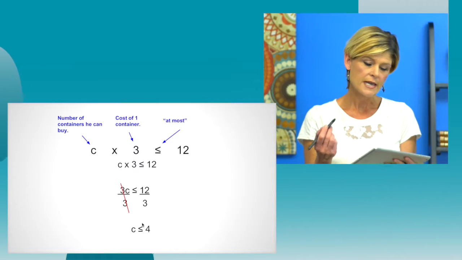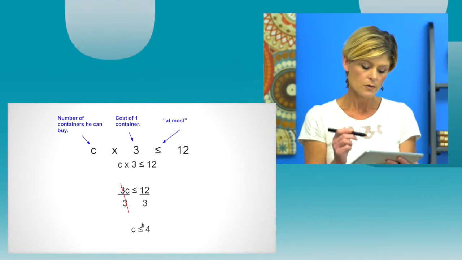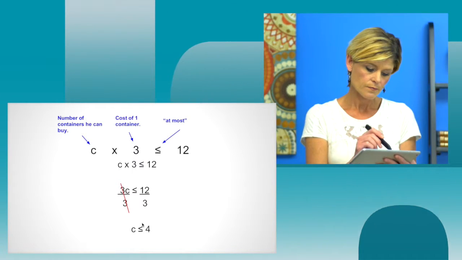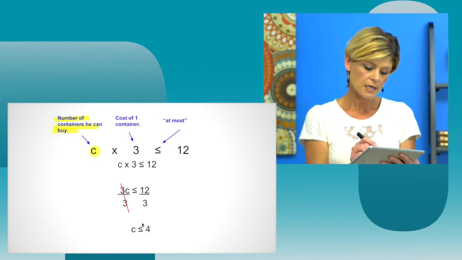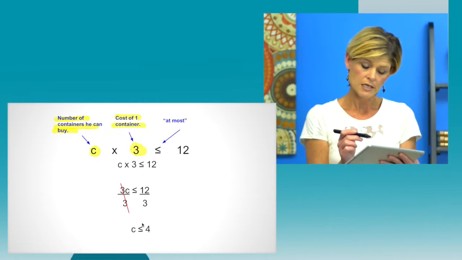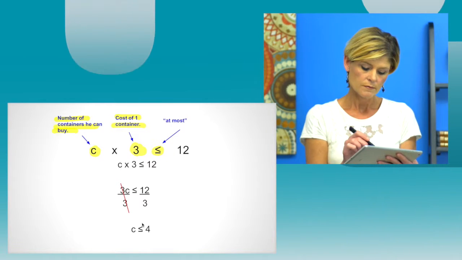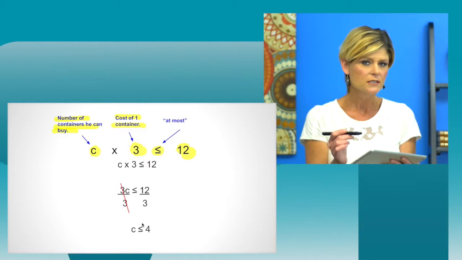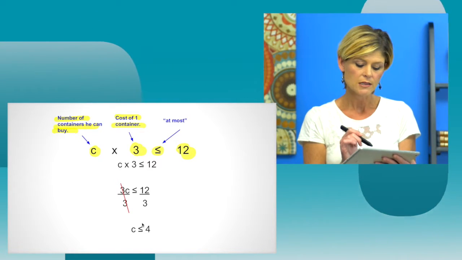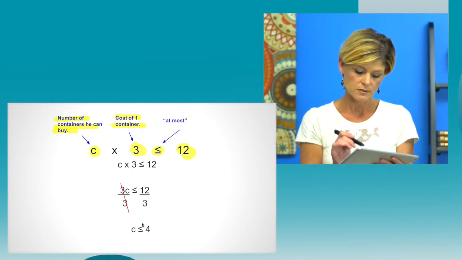All right, so written out in inequality form, we would write this as C, the number of containers he can buy, times 3, the cost of 1 container, at most $12. To write that, we want the 12 to be the most he can spend, so we're going to use the less than or equal to symbol here.